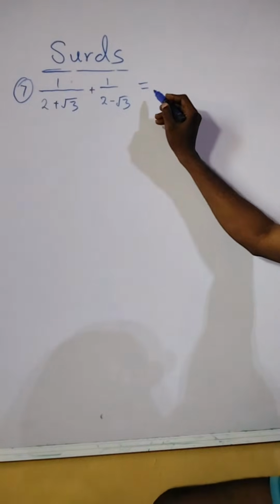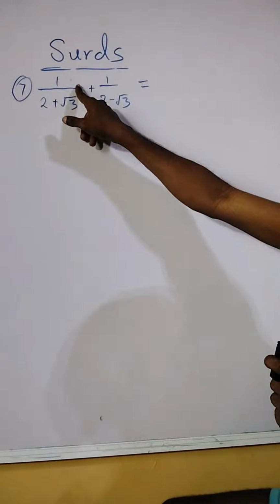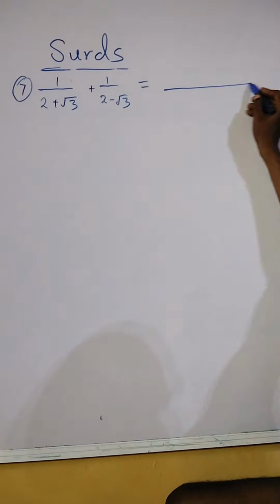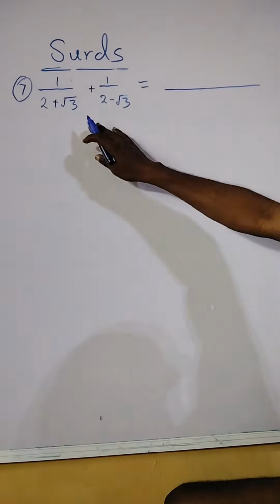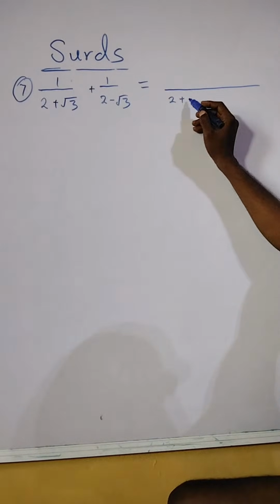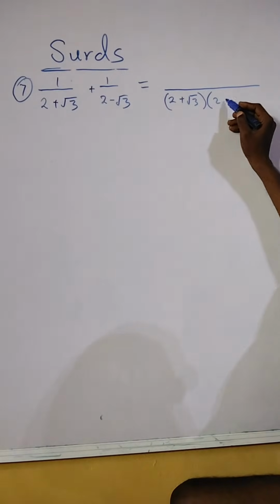Now when we consider this, we have two fractions being added together. The way we solve fractions is applicable here. You can find the LCM. The LCM for this is the multiplication of these two, 2 plus root 3 multiplying by 2 minus root 3.